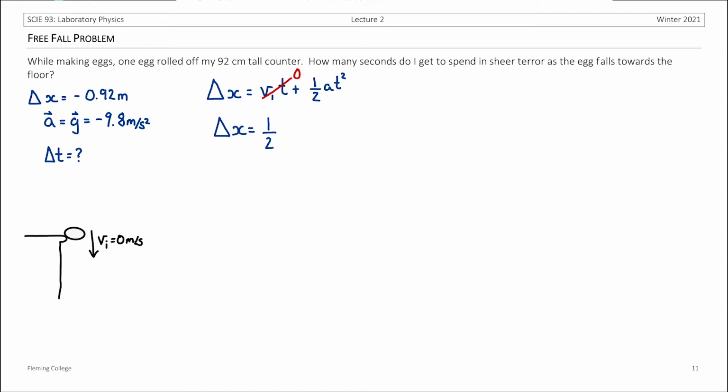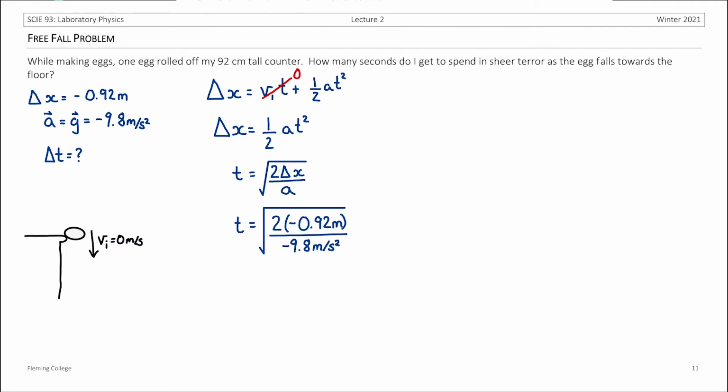We just need to isolate t. Using some algebra, we should find that time is equal to the square root of 2 times the displacement divided by the acceleration. With one equation and one unknown variable, we can begin to substitute our known values. It's worth pausing to note here that if we didn't correctly set up our positive and negative directions, there's a risk that only one of these values would be negative.